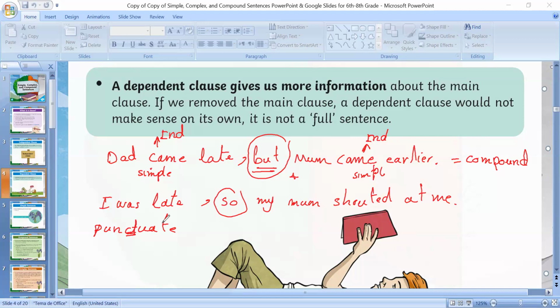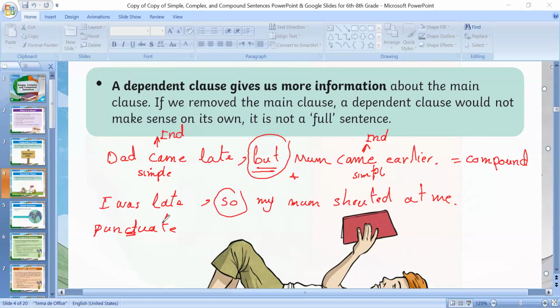Rodaina, could you explain the sentence on the board? I was late, comma, so my mom shouted at me. How did I punctuate the sentence? I used one of the coordinating conjunctions, which is so, right? That's in the fanboys. Okay, my question is about the punctuation.